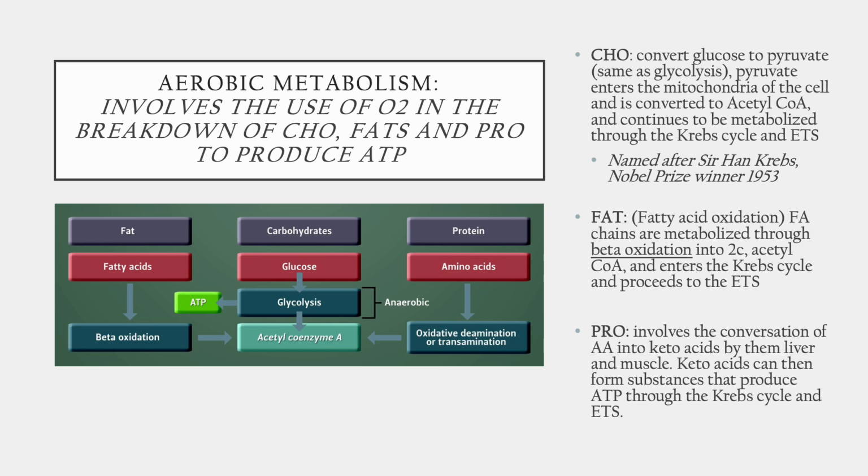And finally, the third and final energy system to kick on to provide us with the greatest amount of energy possible, Krebs. Krebs cycle. There are some other names for that. Krebs cycle, aerobic system. Any of those are fine for you to remember. Okay?